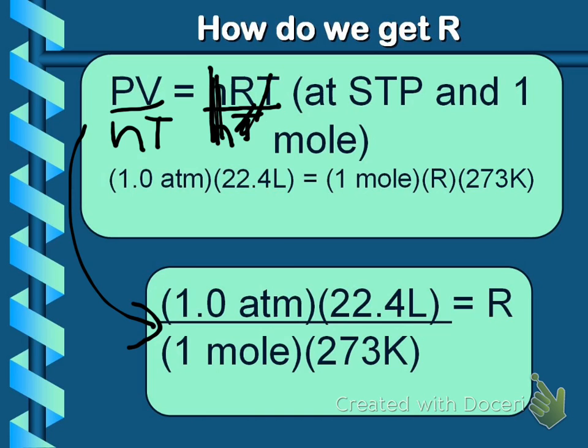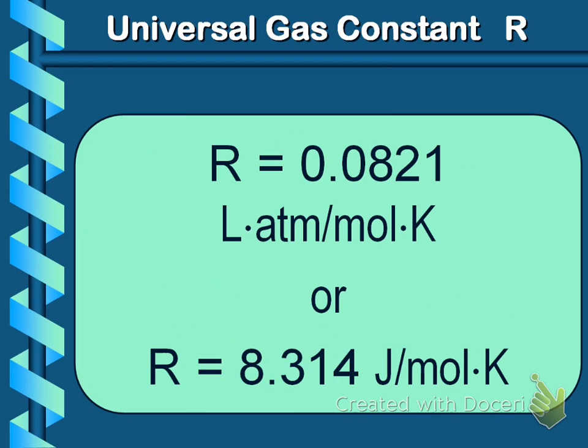Okay? So here is the actual value for R, the universal gas constant. R equals 0.0821 liters times atmosphere divided by moles times K. So it has these really crazy units.